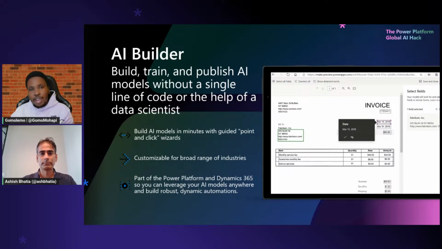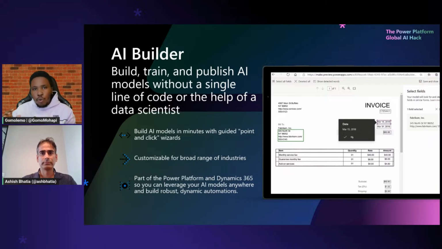So with AI Builder, it gives you access to features such as image recognition, language translation, and even predictive analytics. So adding intelligence to your apps has never been this easy.